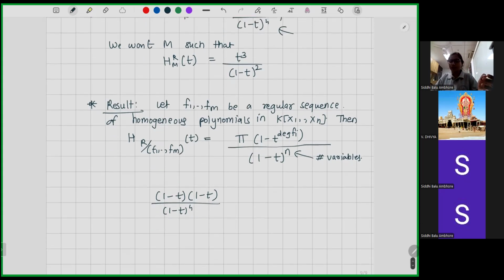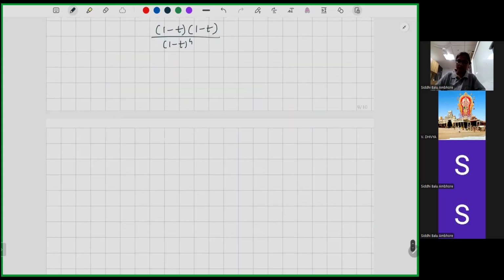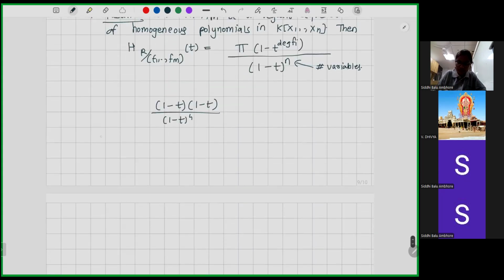So I want to choose 1 minus t, that is t power 1. So I want to choose a regular sequence of two elements, both from the degree 1 component of my ring R.